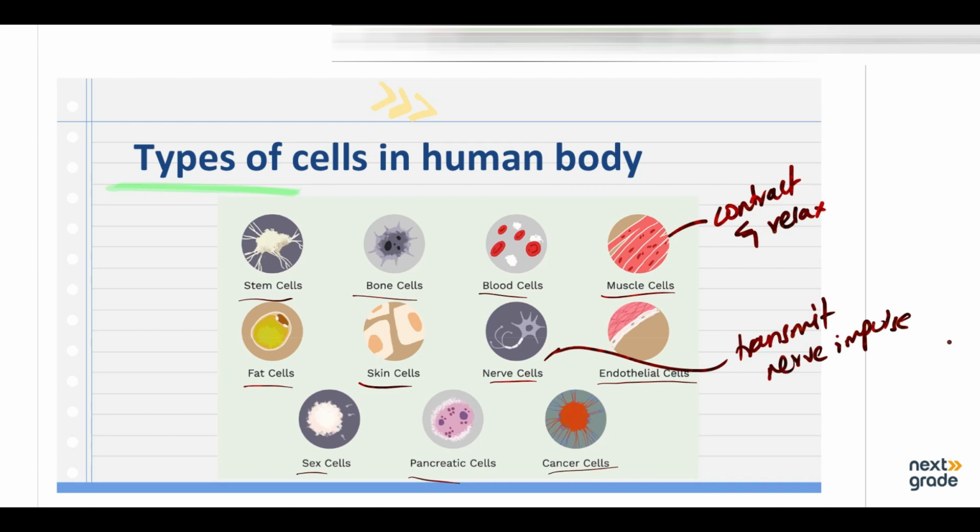Okay, so there is another cell that is the gland cell, right? They aren't present here. We can take the pancreatic cell as the gland cell. What is their function? Their function is to secrete. They secrete different secretions, right? Then blood cells, they carry oxygen.